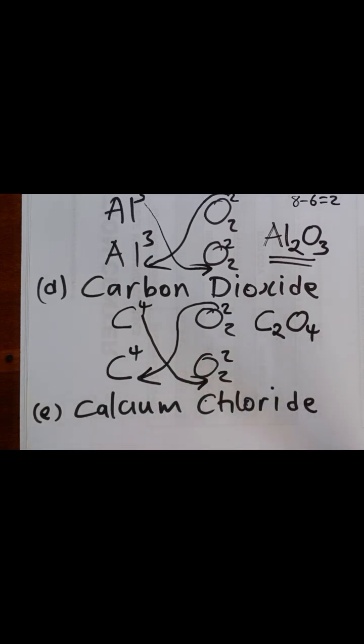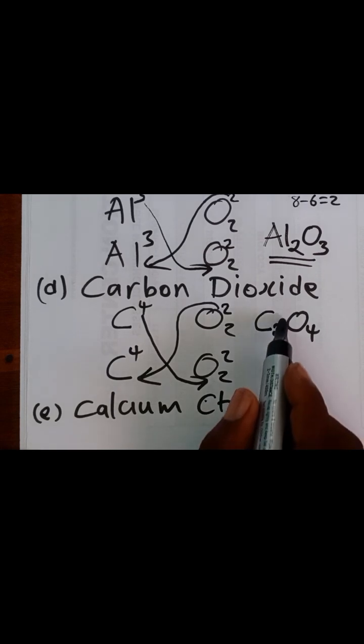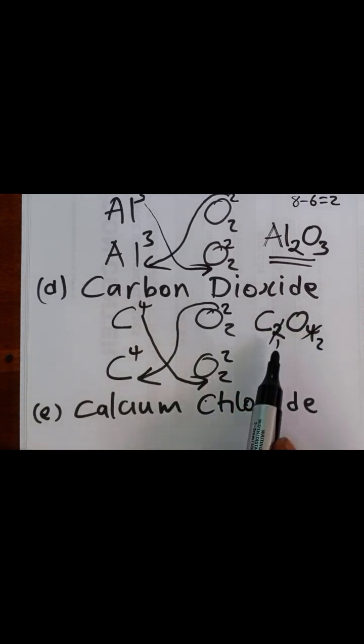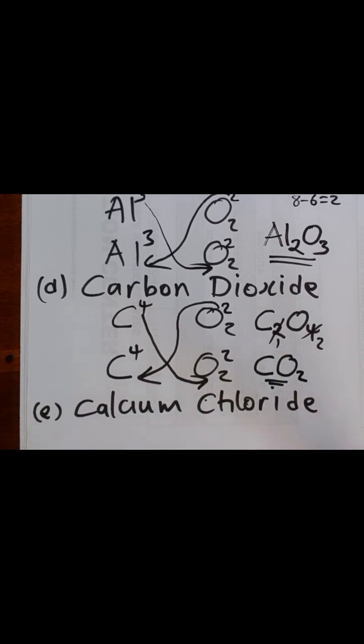In other words, we look for a number that can go into 2 and 4 without leaving a remainder. So you need to divide. 2 into 2, 1. 2 into 4, 2. We don't write the subscript of 1. So that is carbon, then oxygen is 2. That's why it is called carbon dioxide. That's where it is coming from.